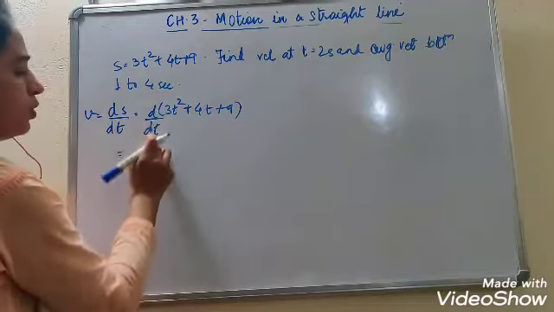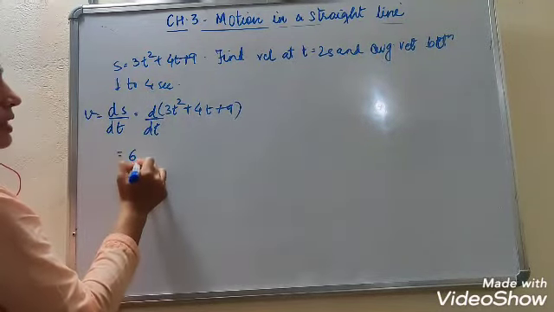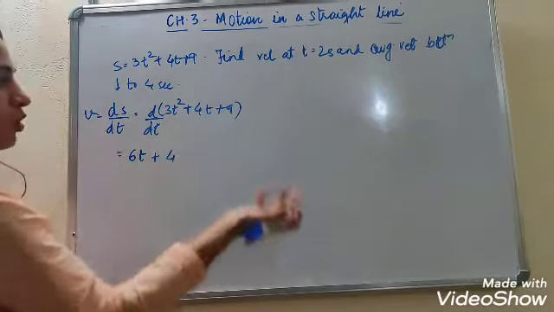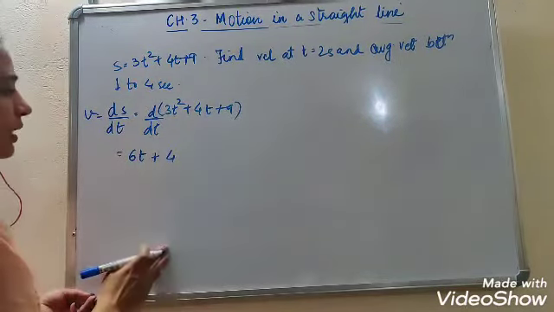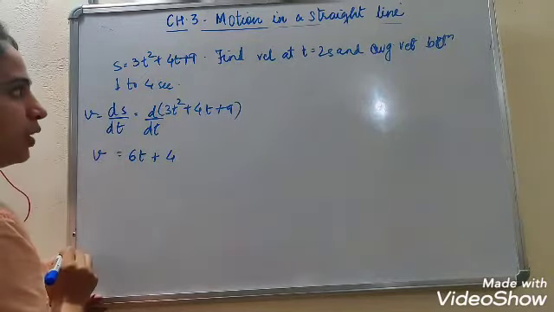So that will be equal to, differentiation of 3t square, 2 will come, so 3 2s are 6t plus 4. Differentiation of 9 will be 0 with respect to t, that's a constant. So 6t plus 4 is the velocity.